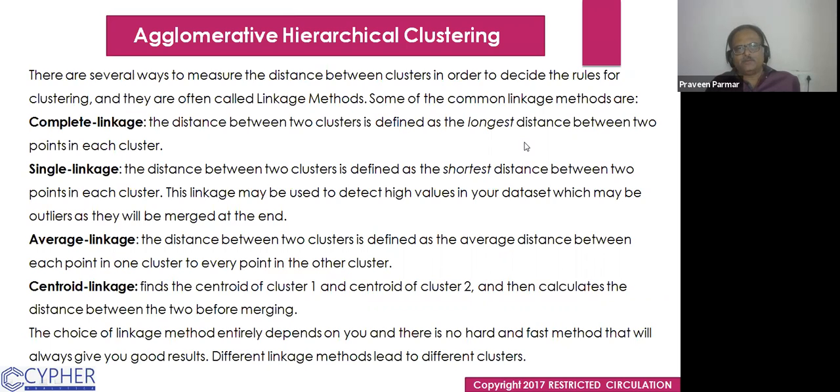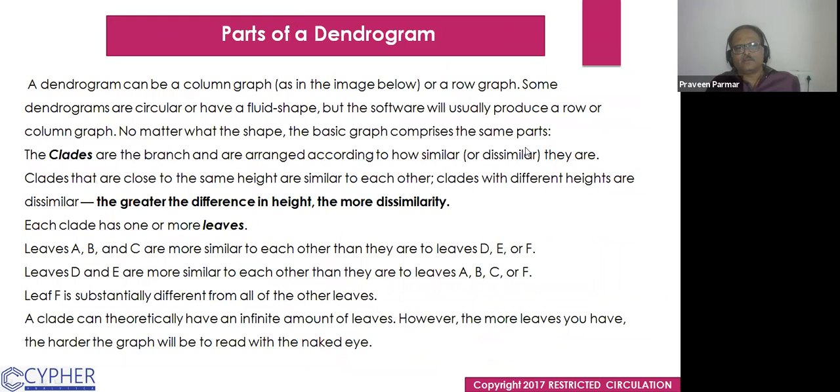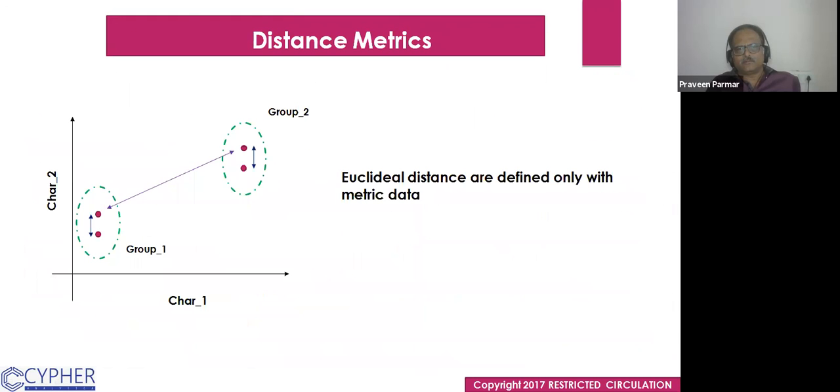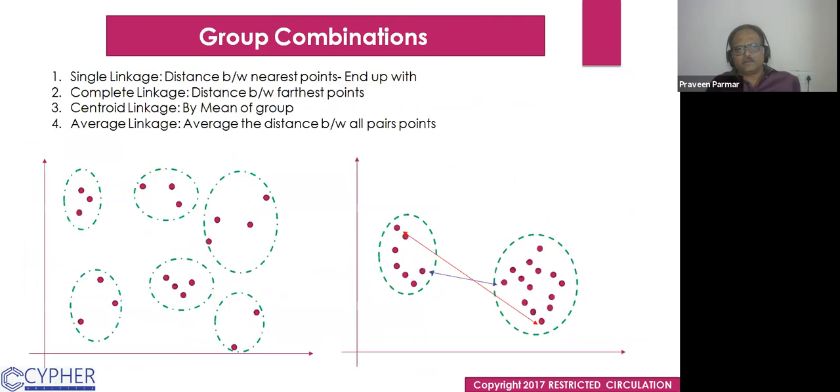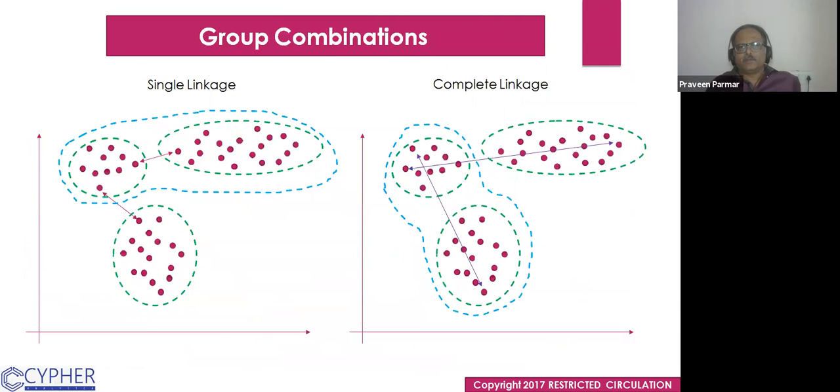So I have made some visualization of this complete linkage. You see, this is the complete linkage. We have accumulated single point observations and then grouped them, and then we are finding which groups should be merged.